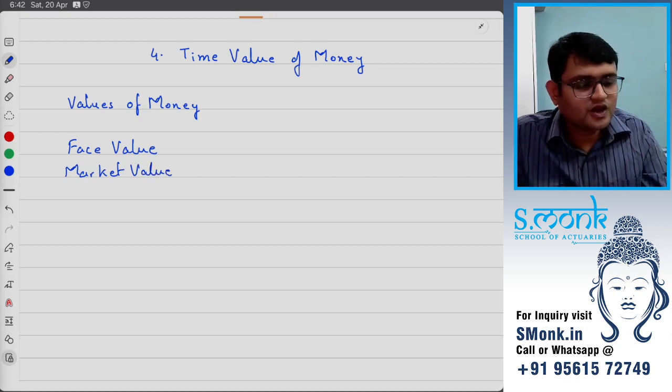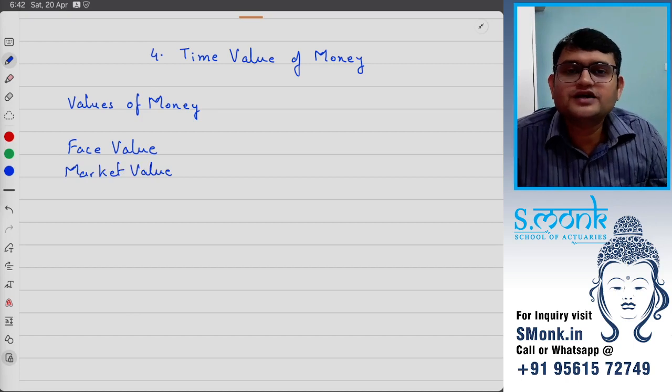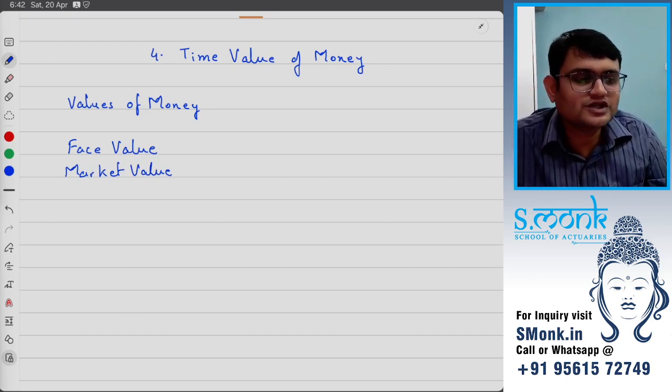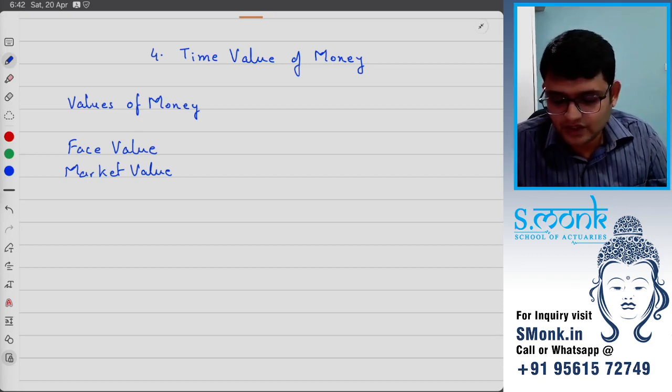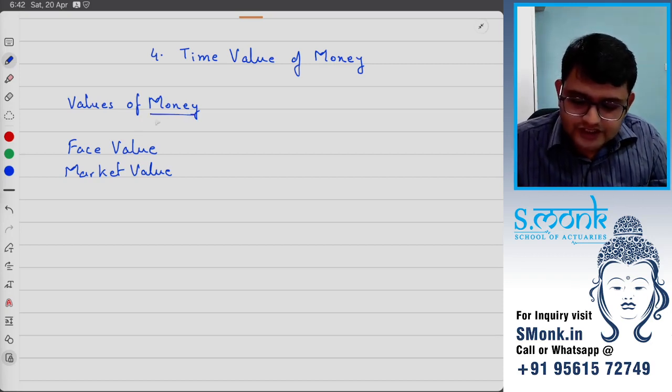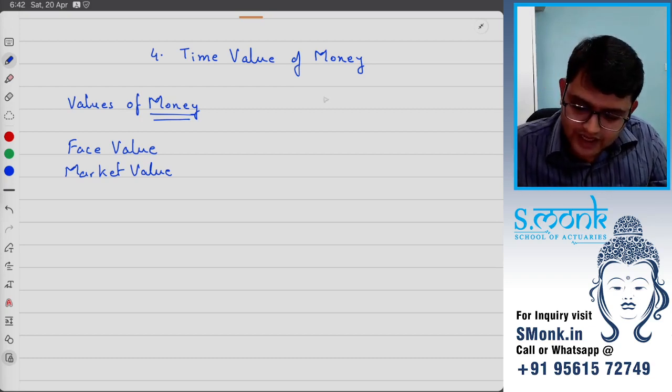You might have heard about face value and market value of other kinds of assets. Now actually money is not a physical item. Money is not a physical good. It's not actually an asset. Can you tell me what money is? If I ask what is money, what is money?